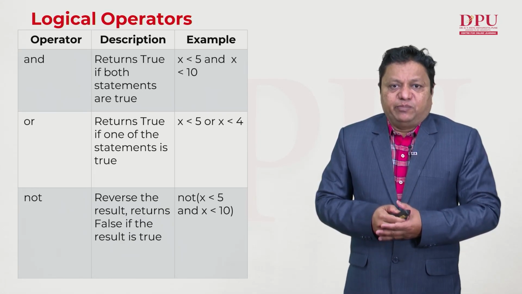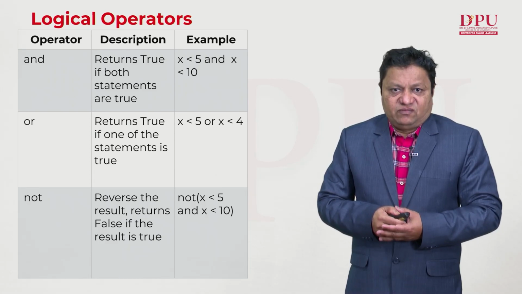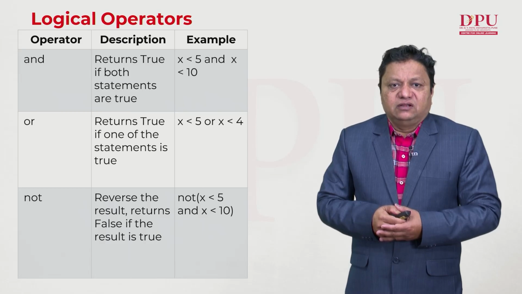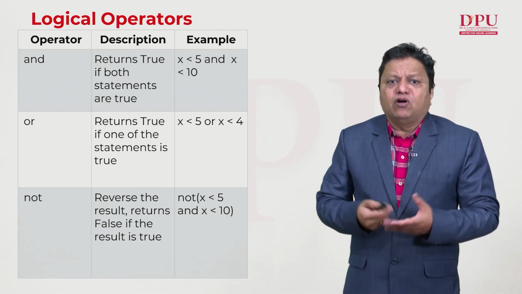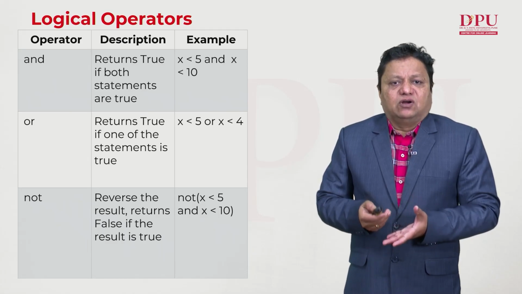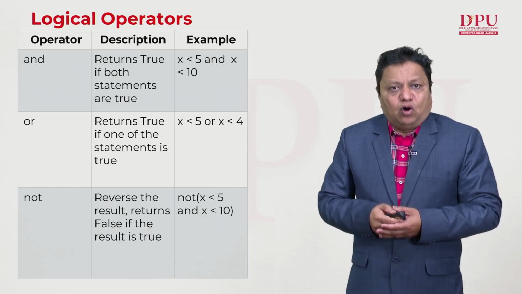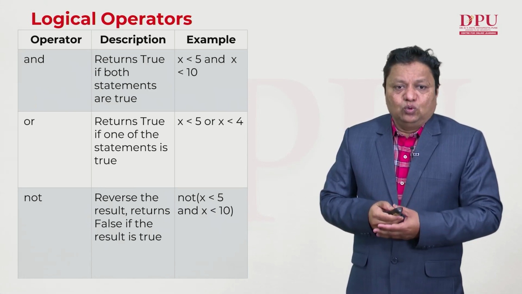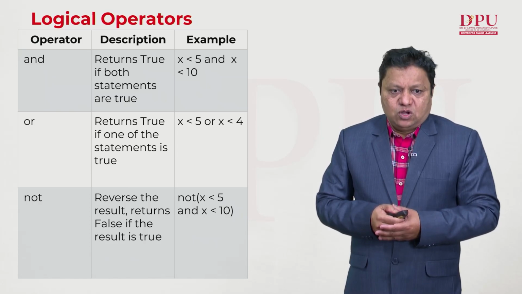But if I give the value of x as 1, this statement will give me a true value, because x is 1, and of course it is less than 4. So the OR operator returns true if one of the statements is true.